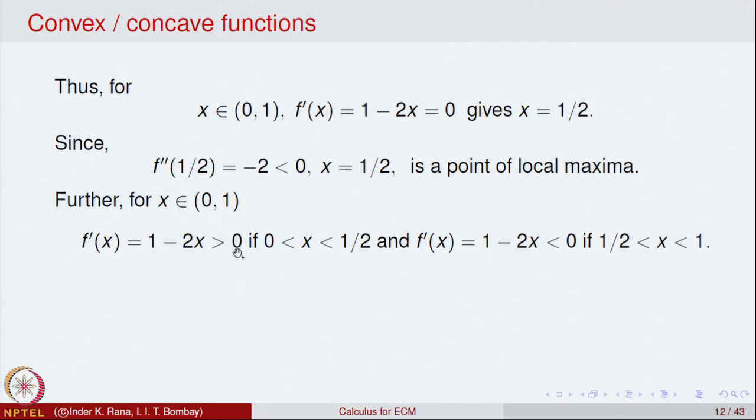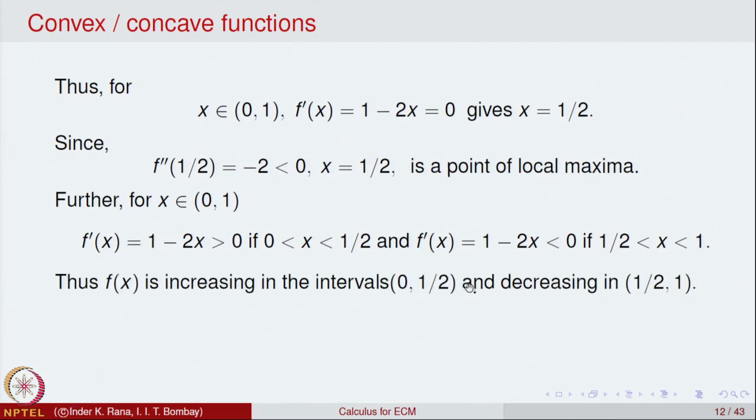So, this will be bigger than 0 if x is between 0 and half, and it will be negative if it is between 1 by 2 and 1. So, that means the function will be increasing on the left side of half, from 0 to 1 by 2, and decreasing on the right side, 1 by 2 to 1. So, f is increasing in the interval 0 to half and decreasing in the interval half to 1.